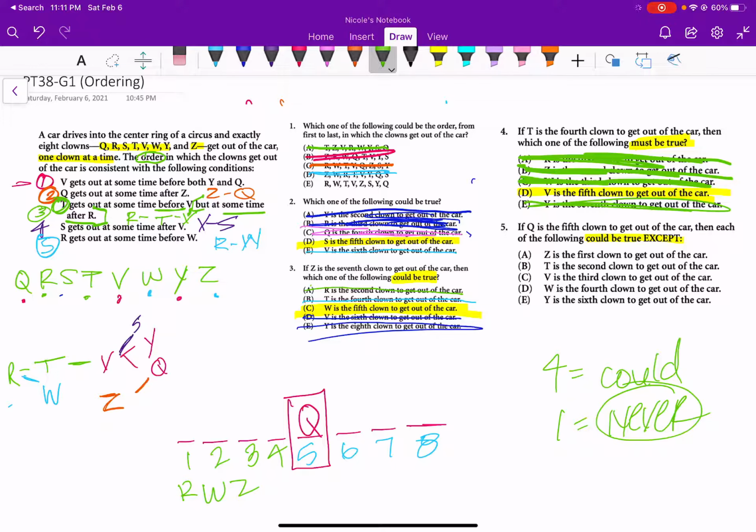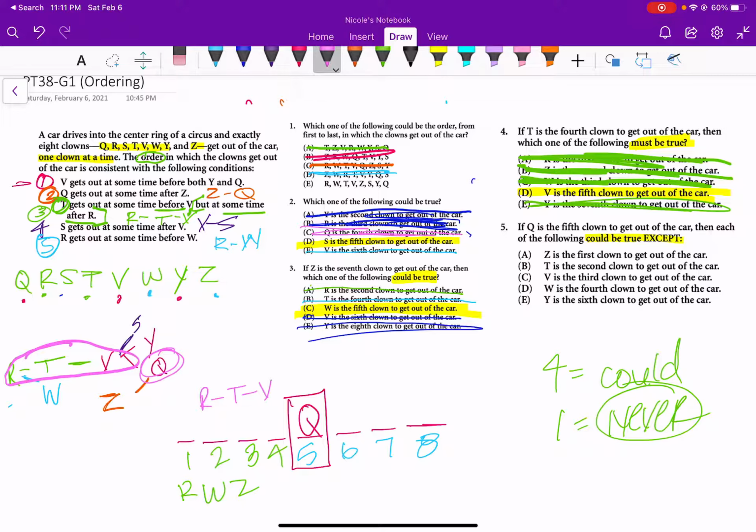So if Q's in fifth, we need to pay attention to what else we can fill in quickly. And so we're looking at Q here. Well, there's 3 things that for sure have to come before it, right? So we know that R, T, and V all have to be here.